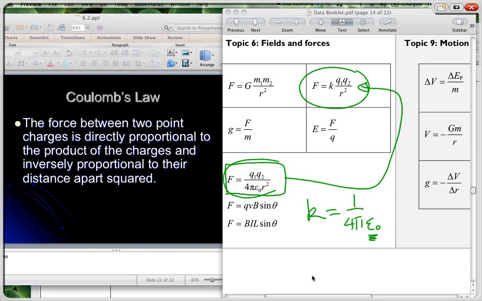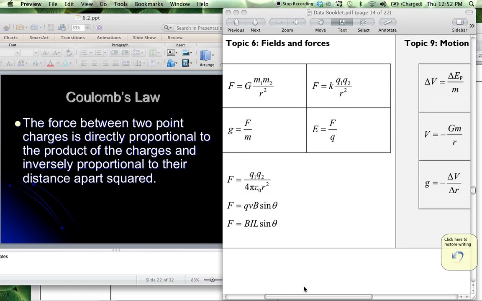But sometimes you've got charged particles acting in other materials, like in oil and so forth. They will experience different forces because this epsilon here, the permittivity, would be different. Now that epsilon 0 is also given to us in our data booklet.